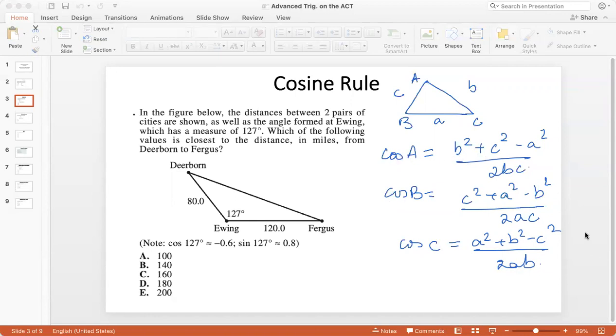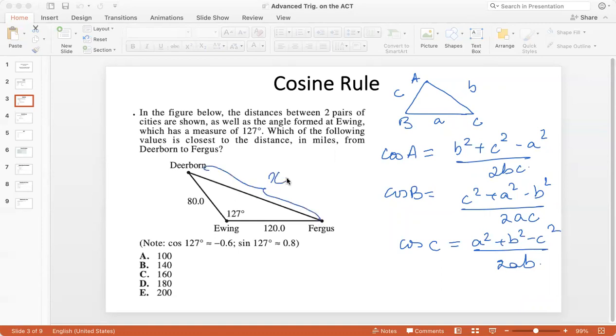So in the figure below, the distance between two pairs of cities are shown, as well as the angle formed at Ewing, which is a measure of 127. Which of the following values is closest to the distance between Dearborn to Fergus, this distance?